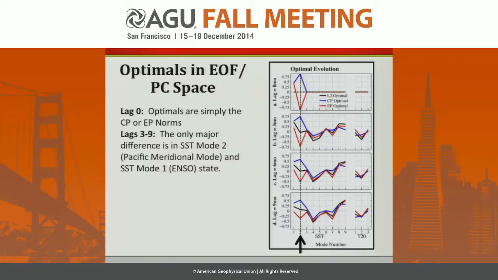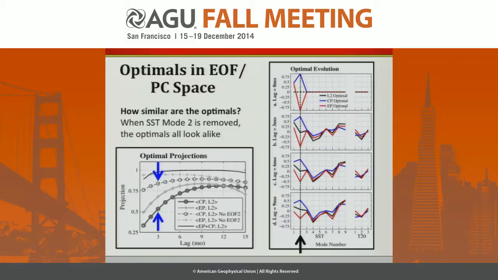We can further quantify that by looking at the projection of the Central Pacific optimal structure at some lag onto the standard L2 optimal structure at that same lag. And when we do that, we find that that projection for lags of about 3 to 6 months is somewhere between 0.5 and 0.7.